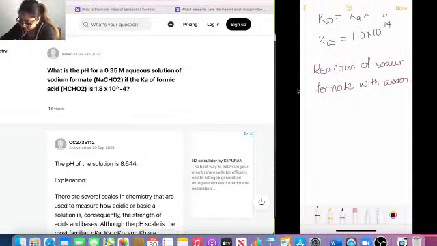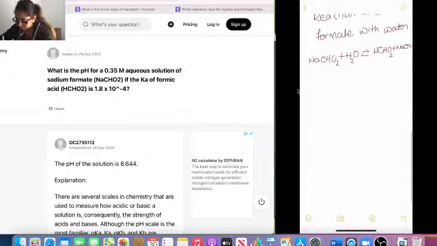Okay, and we can say here that NaCHO2, your sodium formate, plus H2O, with your equilibrium arrows, gives HCHO2 plus NaOH, right? So NaOH is basically the base it makes.